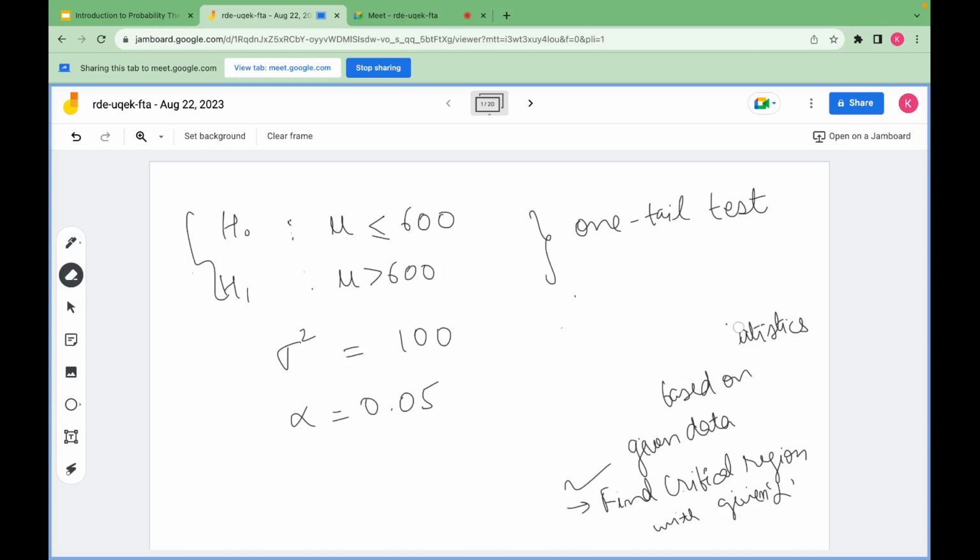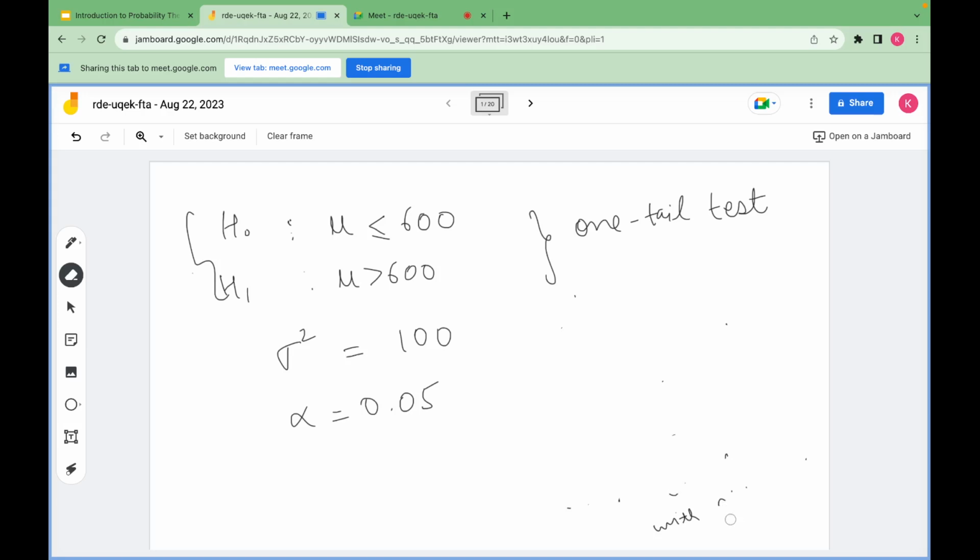As here we are just testing the mean of the population, we are checking whether the mean of the sample and population are the same. So we use the Z score to calculate the test statistic. This value will be x bar minus mu upon sigma divided by root n.